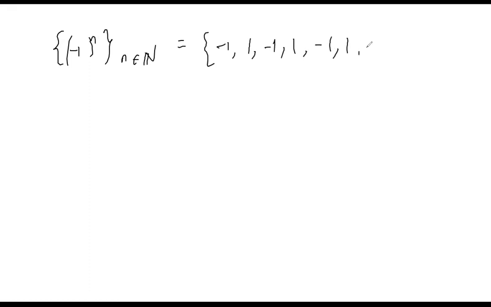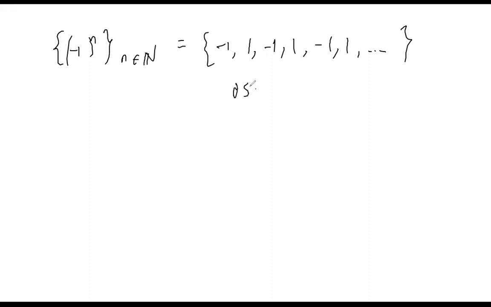The example is the alternating sequence. This sequence is basically just -1, 1, -1, 1, -1, 1. It's flipping between -1 and 1 and so on. It doesn't settle to any particular value.